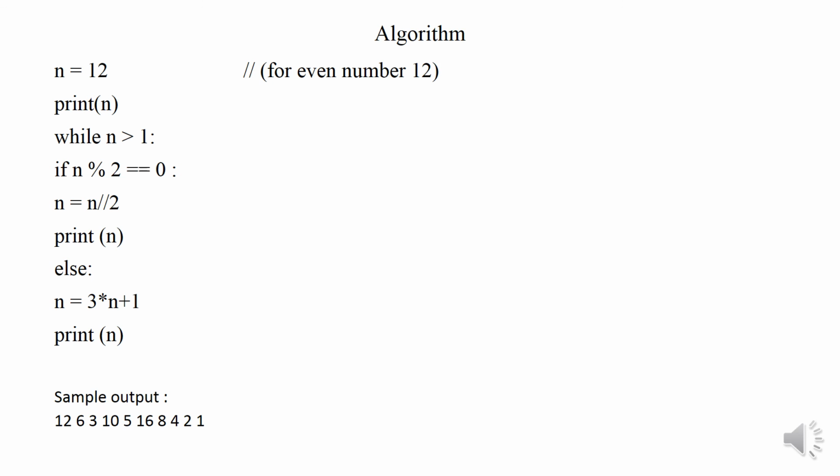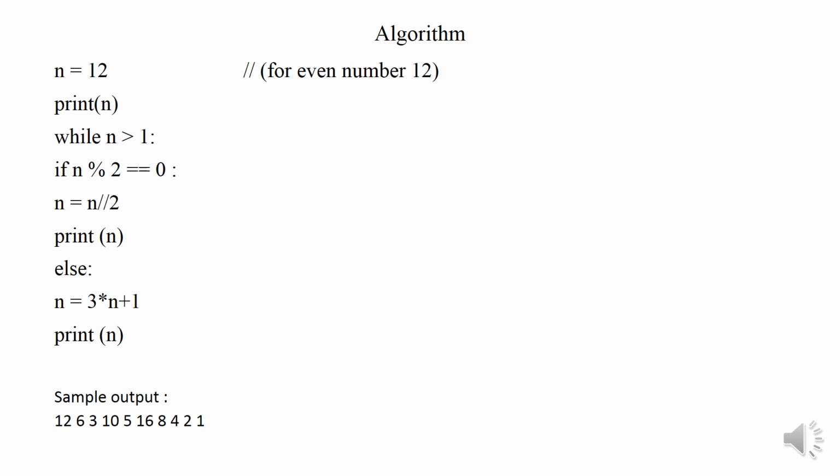Else, if the value of n is an odd number, then we go in the else condition. So n is equal to 3 into n plus 1. So friends, we get here 12, 6, 3, 10, 5, 16, 8, 4, 2 and 1.